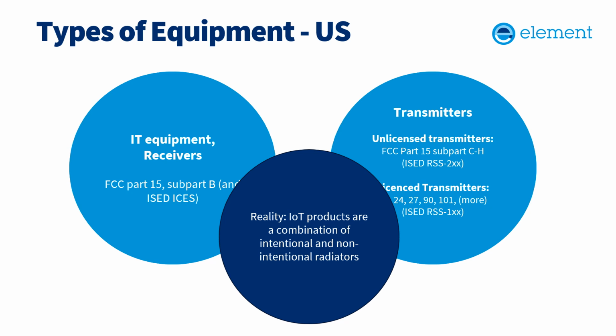It is a combination of a motherboard with a hard drive, processing functions, keyboards, all of those sorts of things which are unintentional radiators, but of course have Bluetooth, Wi-Fi type modules embedded in them as well. That means that they come under both unintentional and intentional radiators, so we'll have dual approvals to go through. I'll talk about that in a little more detail shortly.